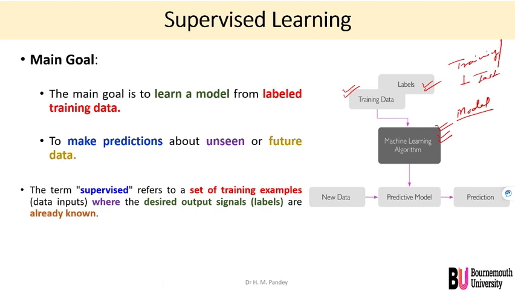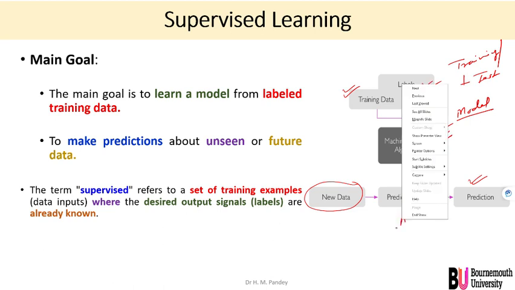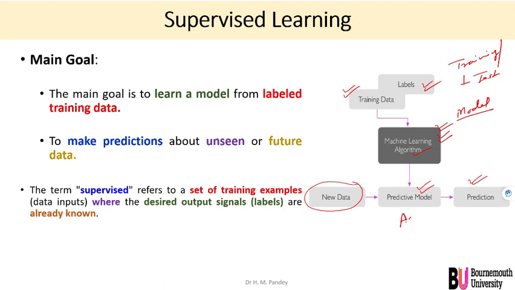Then you will process any new data which is not in your data set. Then your machine learning model will work as a predictive model, and it will give you the correct prediction. If it is giving correct predictions, it means that your model is working correctly. So you need to evaluate the accuracy of prediction of your model.